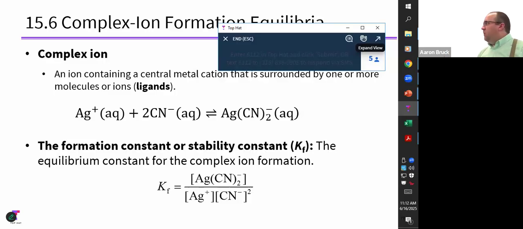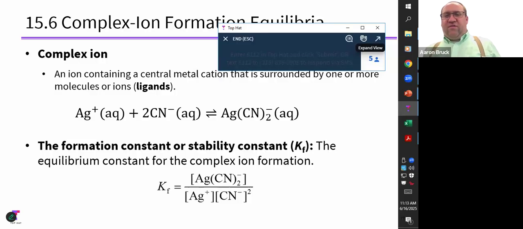Now, since this is an equilibrium that ultimately forms, we can express that equilibrium with an equilibrium expression. The expression is known as the formation constant, which is why this is called Kf, for formation of a complex. And what we'll find is that it is calculated exactly the same way as the other equilibria that we've seen.